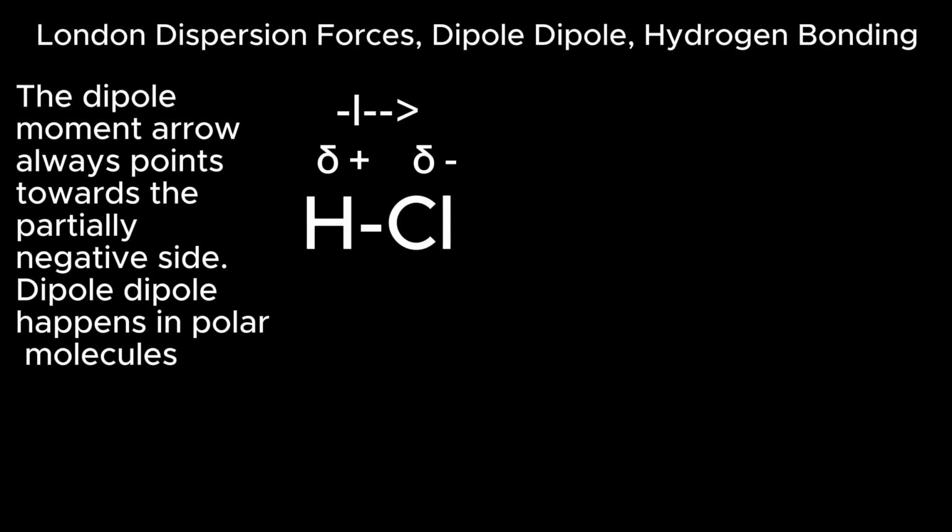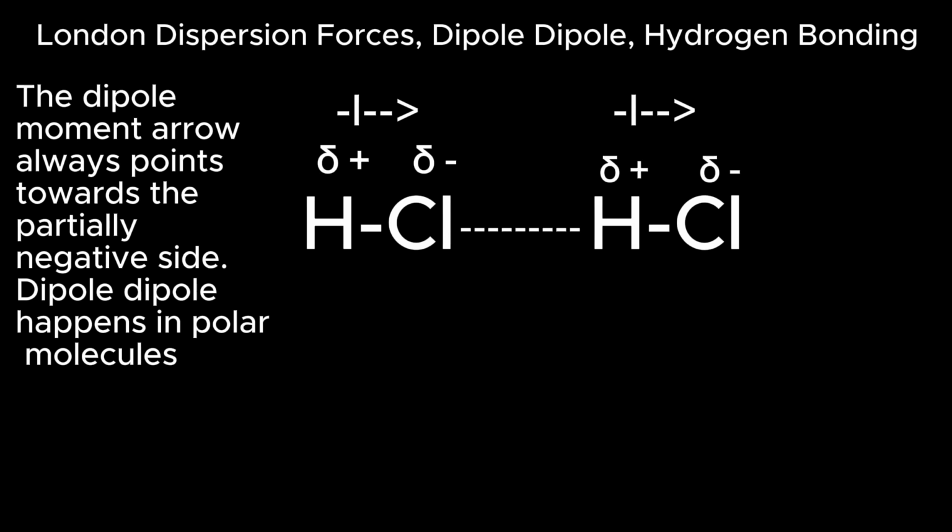And you see how Cl is partially negative, so the arrow is pointing towards Cl, and hydrogen is partially positive? Well, what if we place another HCl molecule next to it? The partial negative charge from Cl will attract the partial positive charge of the other HCl molecule, the hydrogen part. And this is the dipole-dipole intermolecular force.